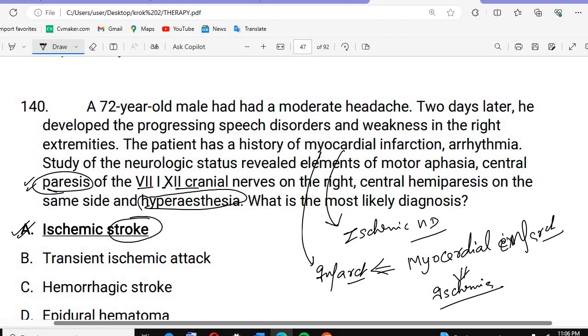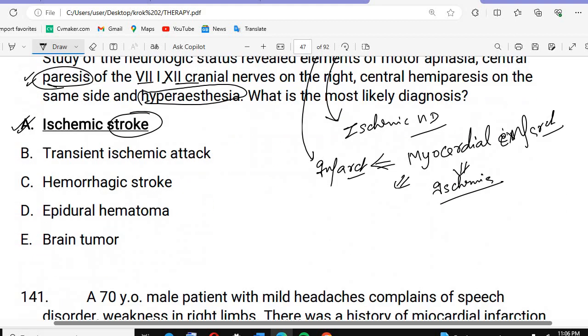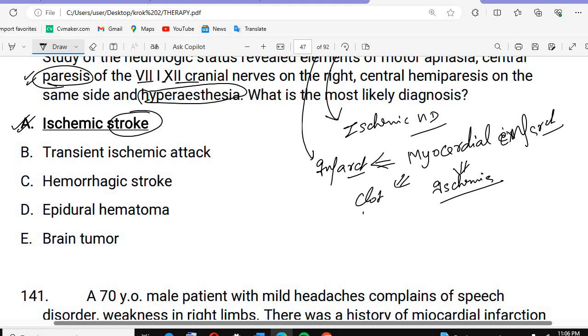Stroke. Because in this infarct, there the clot formation will be. So what will this clot do? It will stop the blood flow to the brain. That is the ischemic stroke.